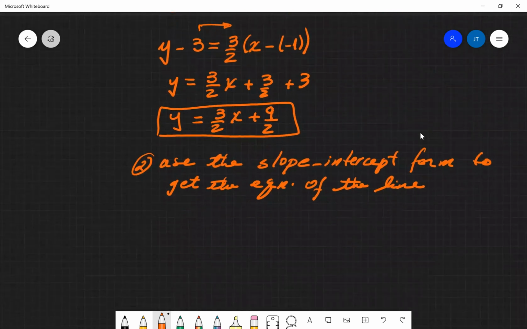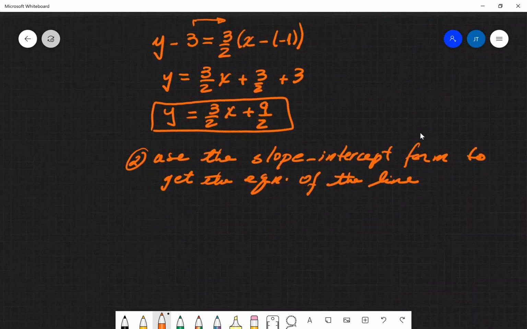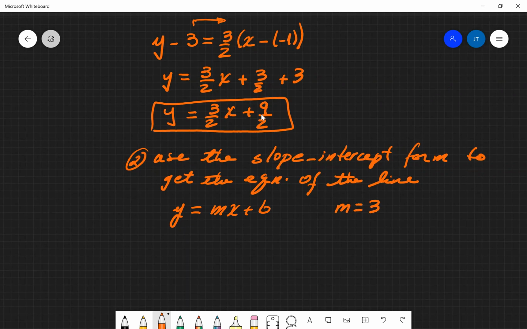What's the slope-intercept form? We write it in general: y = mx + b. Of course, I know what m is. From above, m equals 3/2.